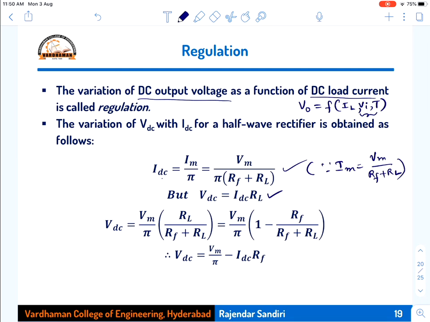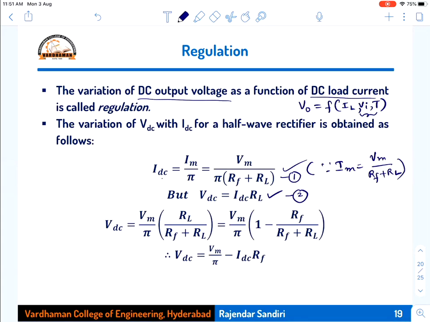Now, this is the first equation and this is the second equation. In place of IDC, if you substitute the first equation in the second equation, then VDC is equal to Vm by pi into RL by Rf plus RL. If you simplify and rearrange, it is Vm by pi into 1 minus Rf by Rf plus RL. For that, in the numerator you add and subtract Rf.